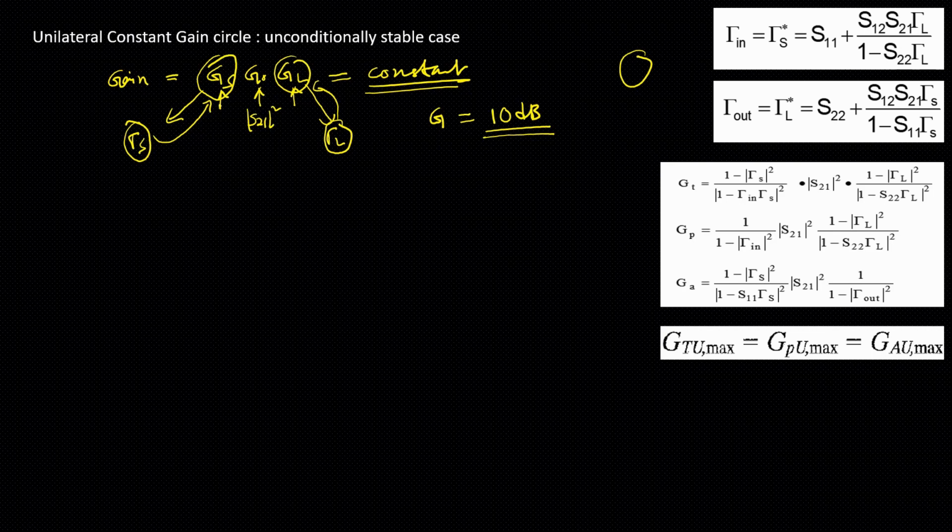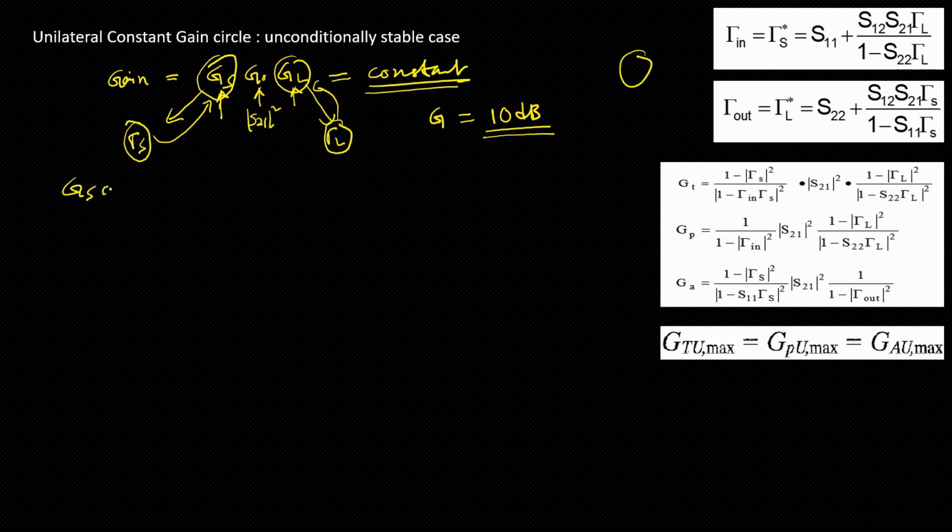First step is to define your GS max or GL max. For now let me do it for GS, and what I do for GS will be exactly repeated for GL. For GS I'll use S11, and for GL you will use S22.